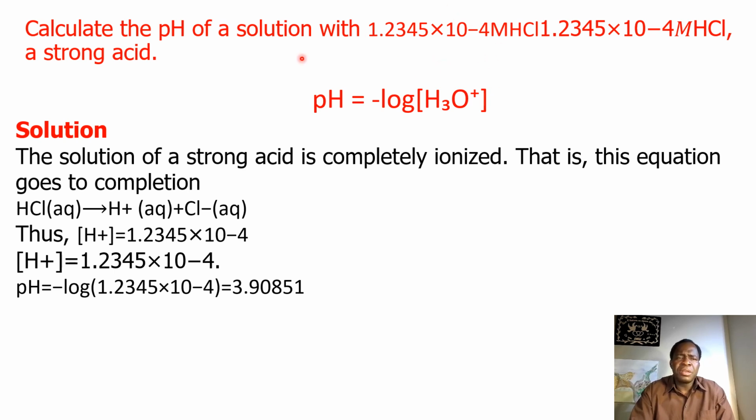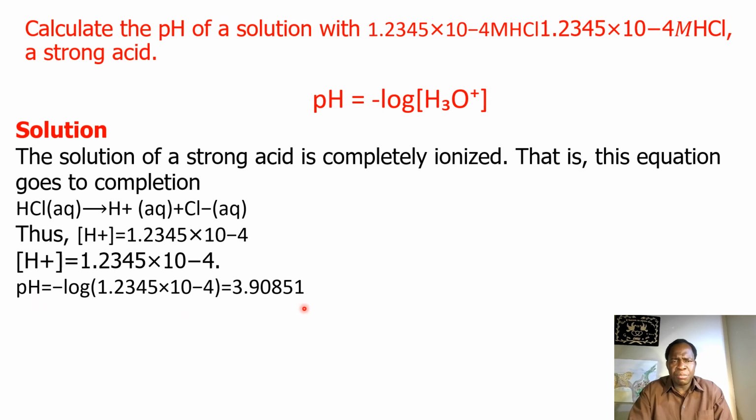When hydrochloric acid dissociates in solution, it dissociates 100%. So stoichiometry-wise, you start with a number of moles of HCl, and you're going to have the same number of moles of H plus in solution. So the number of moles here is the same as the number of moles of H3O plus, and that's what you plug into this formula to calculate pH.